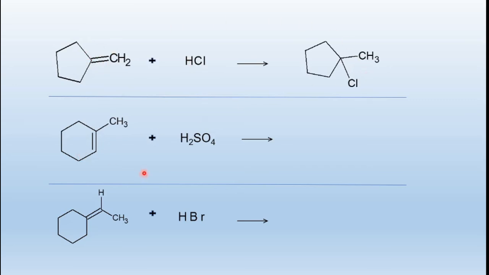In the next case, you have your reagent here, H2SO4. This will dissociate as H plus and HSO4 minus ion. So the negative part, that is HSO4 minus, must go to the unsaturated carbon having fewer hydrogens.